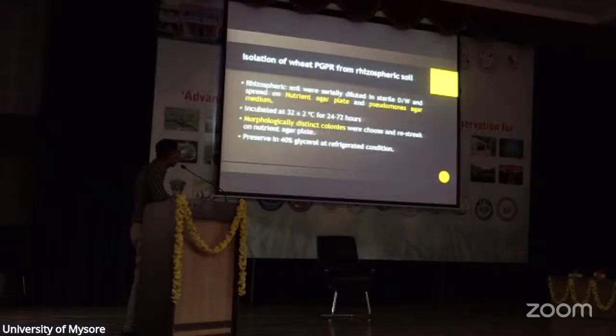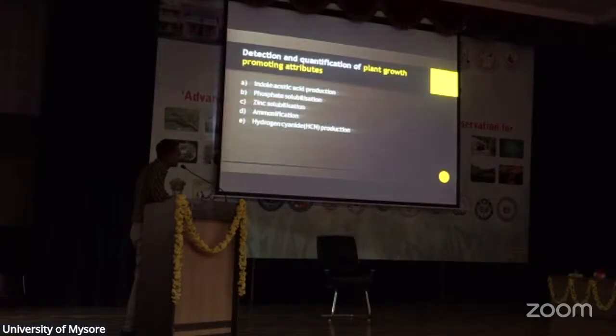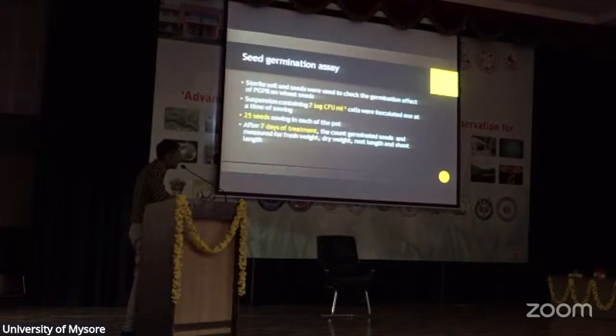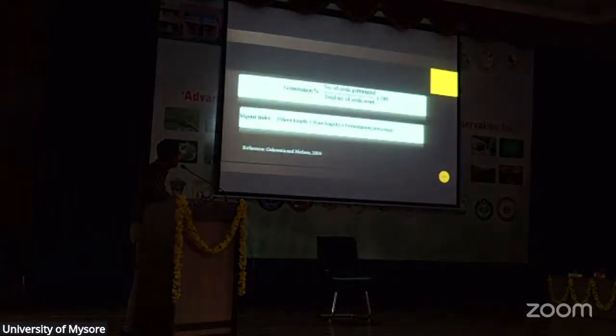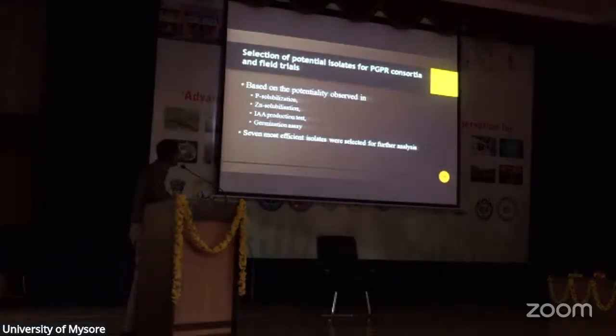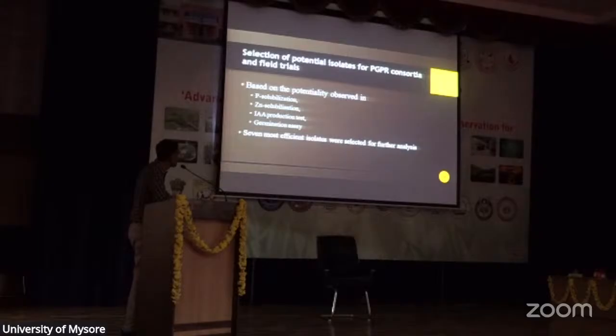After that I selected them based on their morphological features. I tested 5 different traits: indoleacetic acid, phosphate, zinc, ammonification, as well as hydrogen cyanide. Along with that, I also tested the seed germination assay and calculated the vigor index.